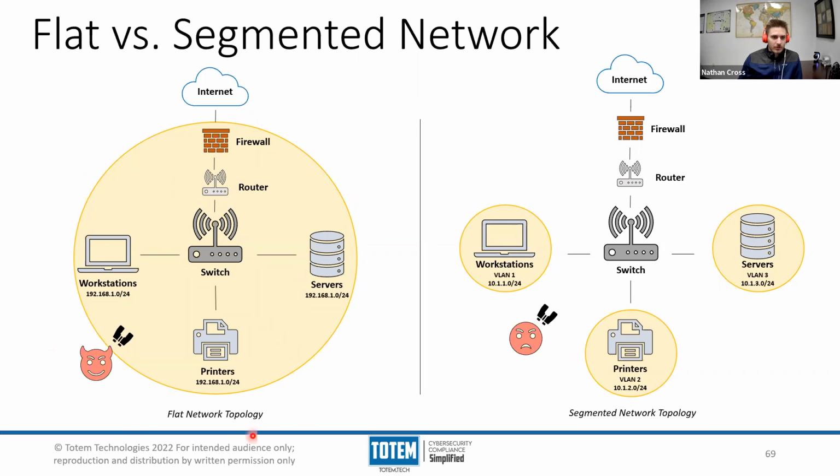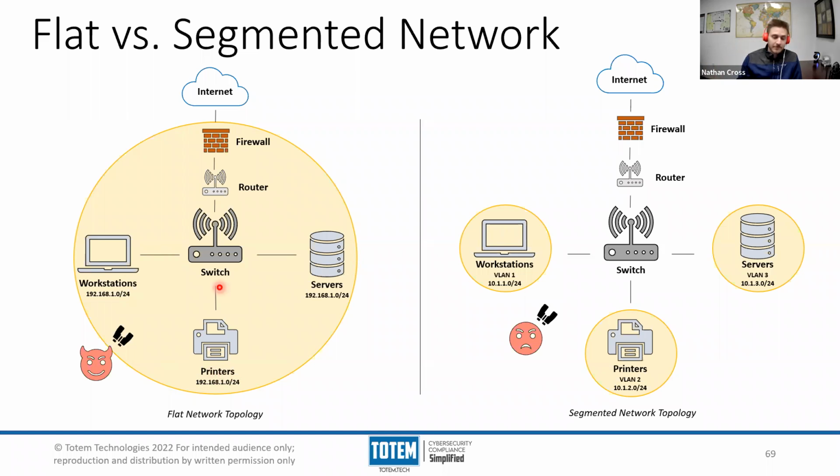As you can see, each group that we have here is part of the same IP subnet, meaning they all have very similar IP addresses. And so it's very likely that they are able to communicate easily and openly with each other. If I'm on a workstation, I can easily communicate with my servers. I could also easily communicate with the printers.